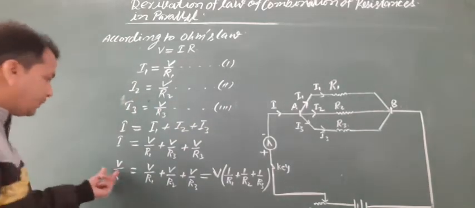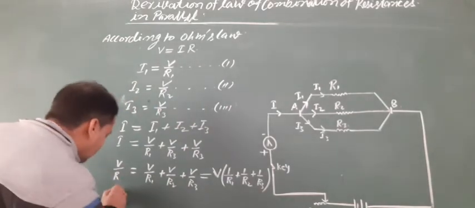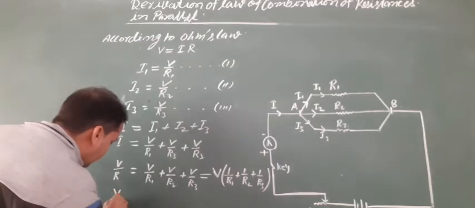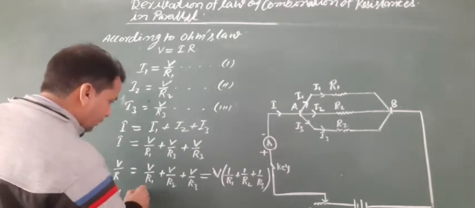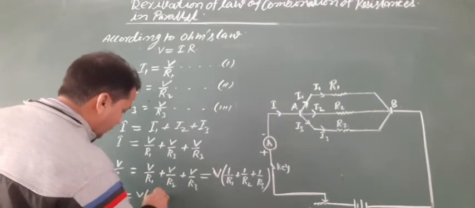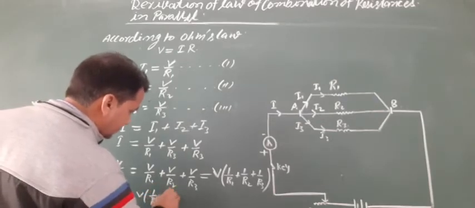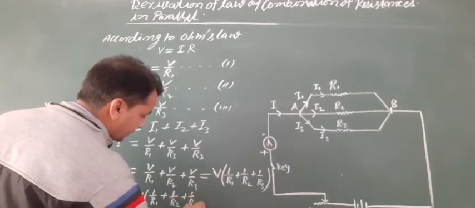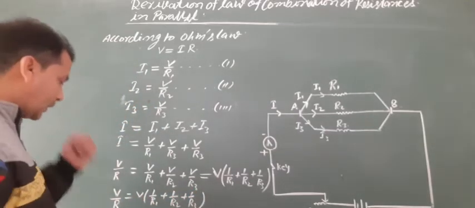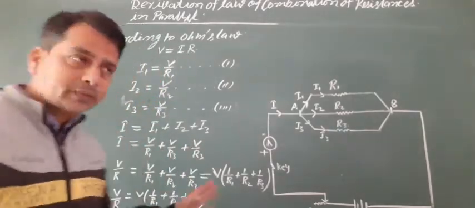So V by R equals V times (1 by R1 plus 1 by R2 plus 1 by R3), and on both sides the potential difference will be the same.